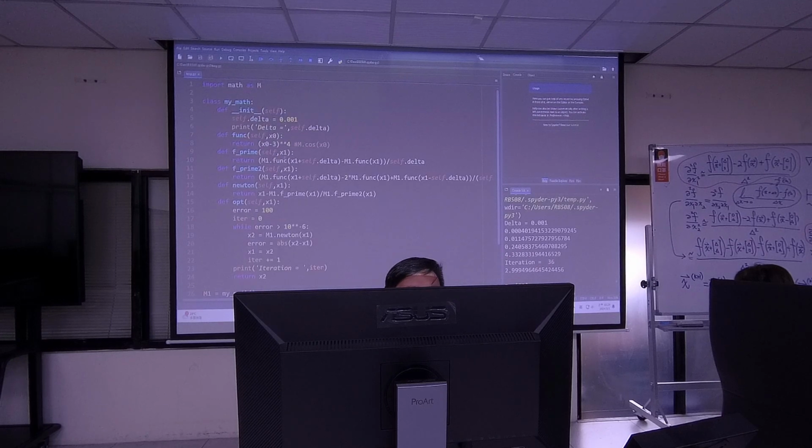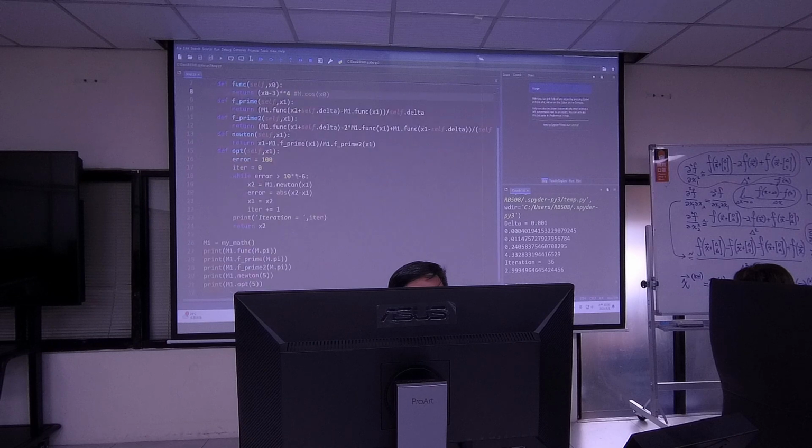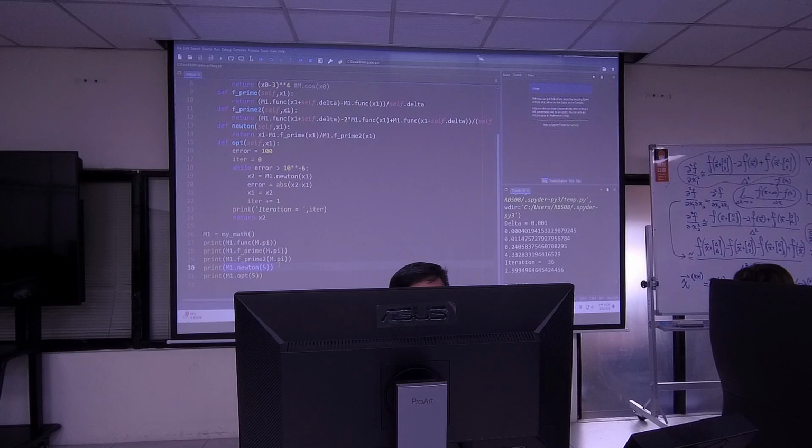This time I chose a nonlinear function. It's actually x minus 3 to the power of 4. So fourth order. Again, this function equals 0 when x equals 3. If I only use Newton's method once, just like the earlier example, it will not give me the right answer.